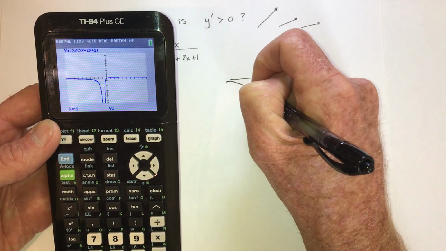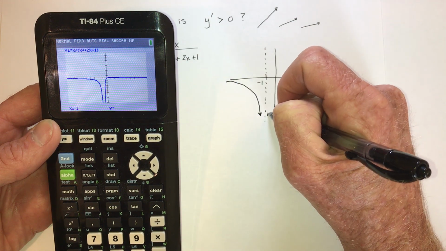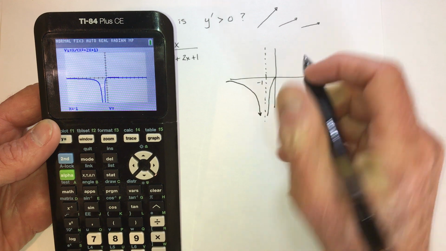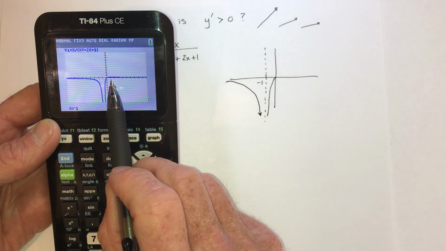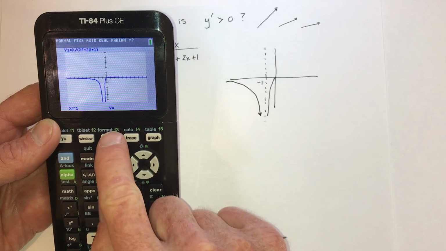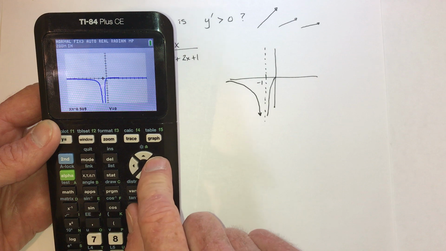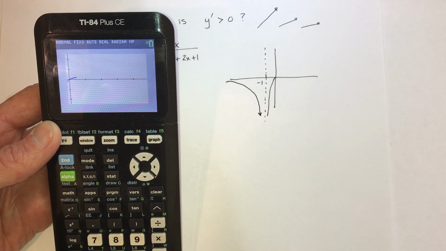So this side is going down, and then this side is going up, and then it looks to me like it peaks out somewhere in here as the tallest point. So I think I'll need to zoom in on that a little bit. Zoom in on this area and see what's going on in there.